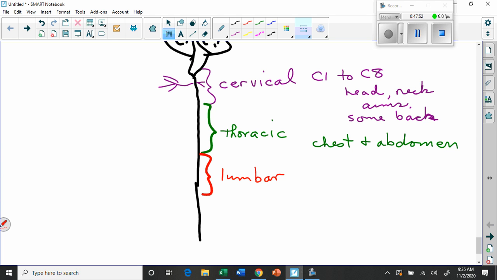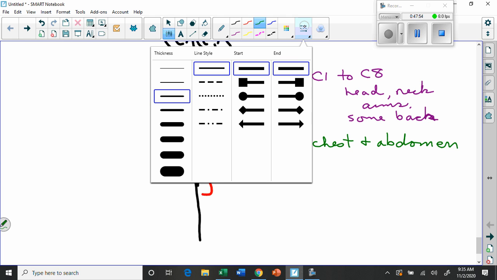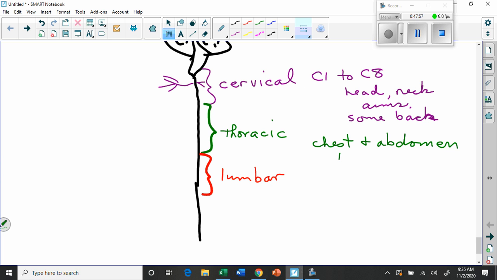It was T1 to T12 on the other one. T stands for thoracic. So thoracic ones are labeled, there's 12 of them. And then we have the lumbar region, which are L1 to L5, so not as many. They serve primarily the legs.